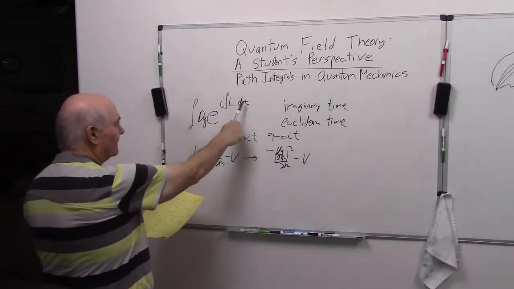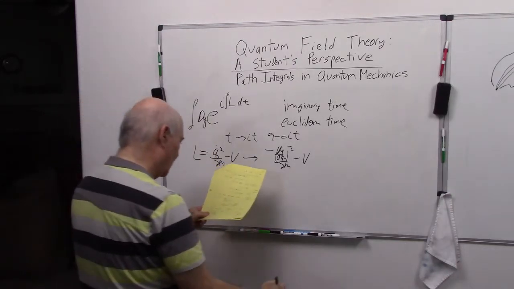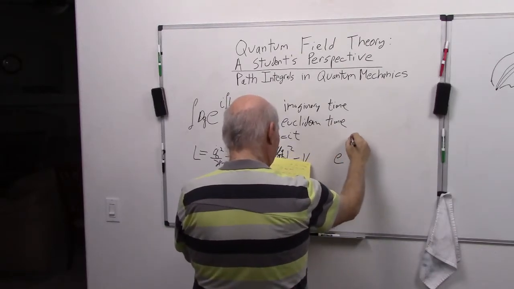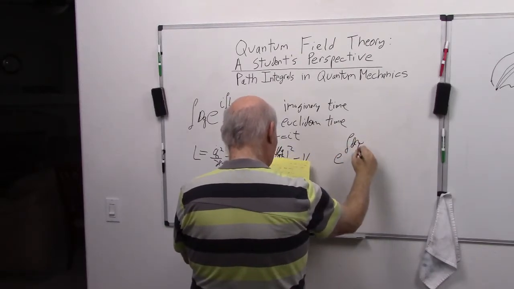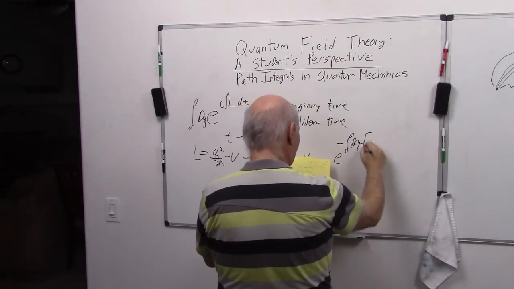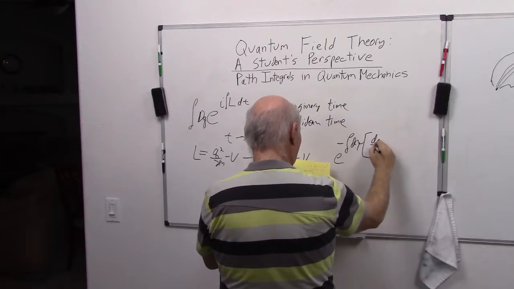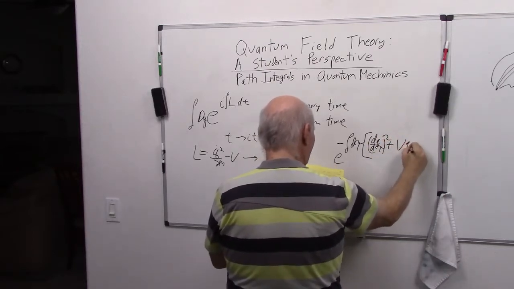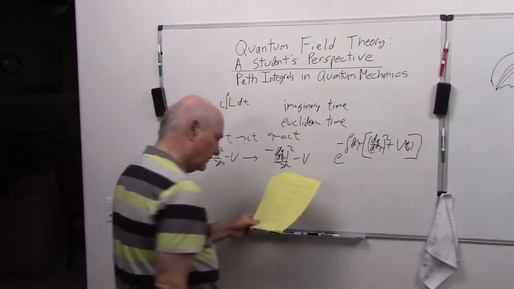The i dt becomes a d tau. So our whole path integral ends up being e to the minus the integral of d tau of dq d tau squared plus V of q.